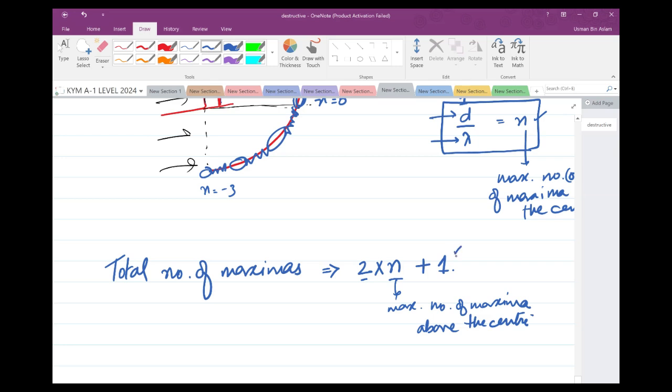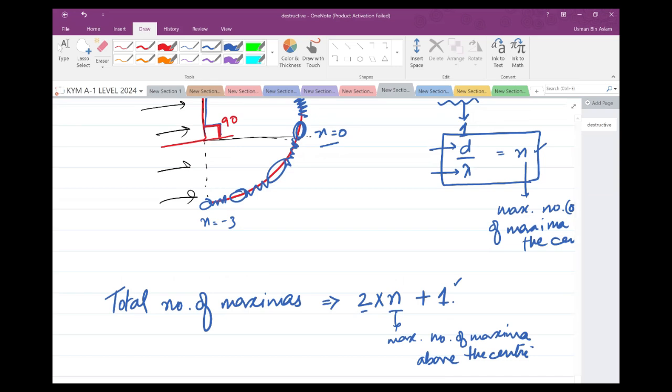And when I add plus 1 to it, this is the 0 order maxima that is forming at the center. So that way you will be finding out the total number of maximas, the ones that are forming above the central line, the ones that are forming below the central line, and the ones that are forming at the center line. So this one is added because we are trying to count the total maximas. For that, we would have to count the central maxima as well.